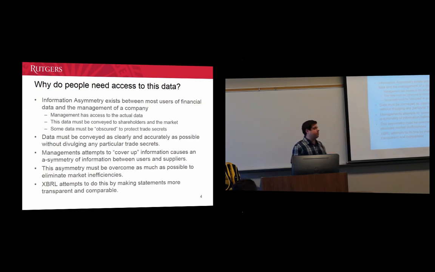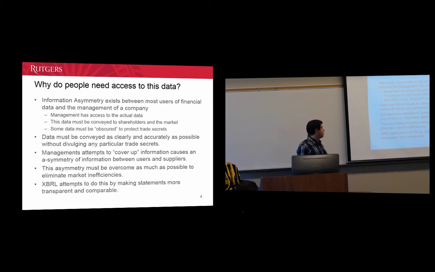The data needs to be conveyed as clearly and accurately as possible in this process. And this is the whole point of SEC regulations, because their goals are to make sure that management is doing as little as possible to manipulate the numbers and as much as possible to accurately indicate to shareholders how the company is performing.